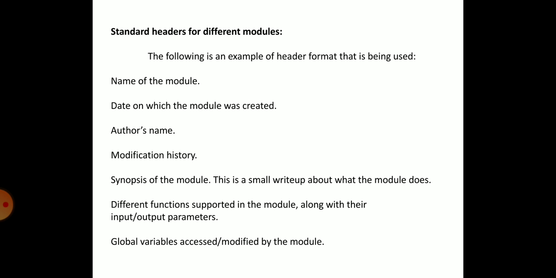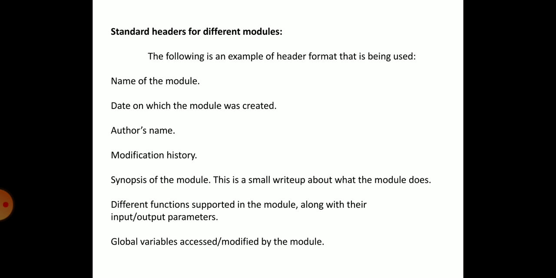We know the headers are important in helping the understandability of the program. So the program must have some header format, and these header formats also differ from organization to organization.